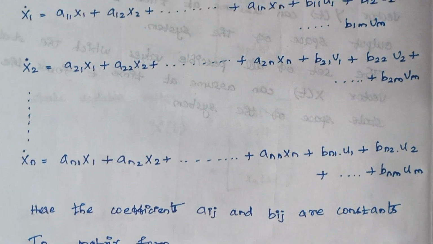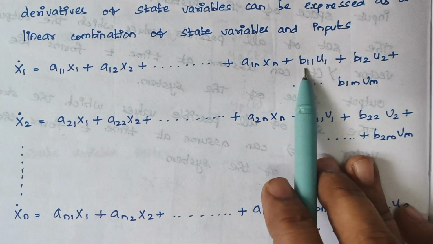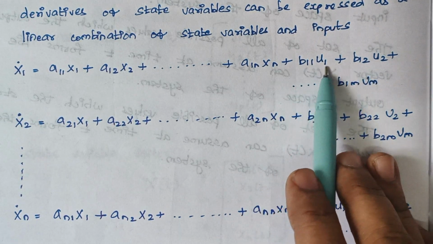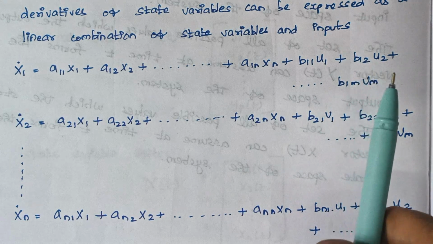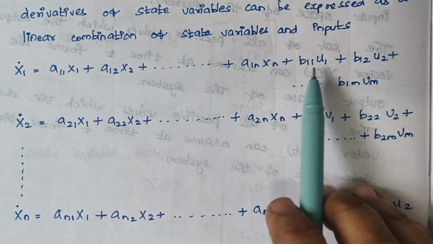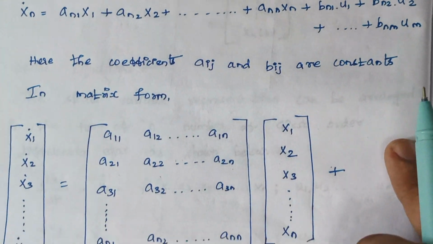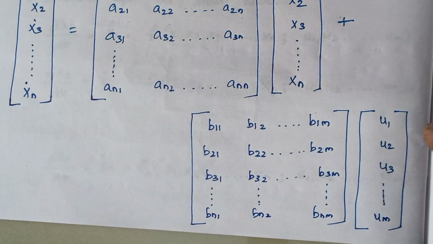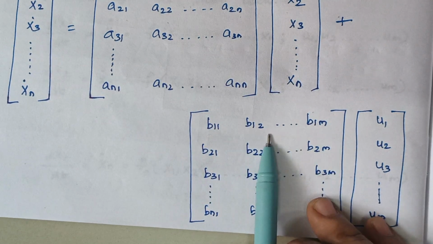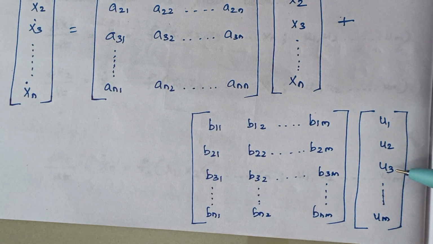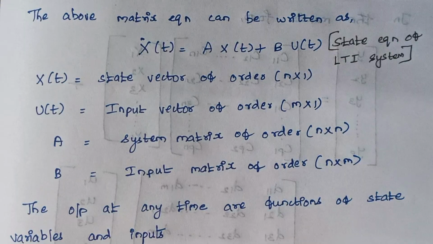Likewise, here again we have b11, b12 and it goes on, and this b11 gets multiplied with u1. So I am framing an individual matrix for the b term and another matrix for the u term. Here you observe b11, b12, b1m, and this gets multiplied with u1, u2, u3, right?